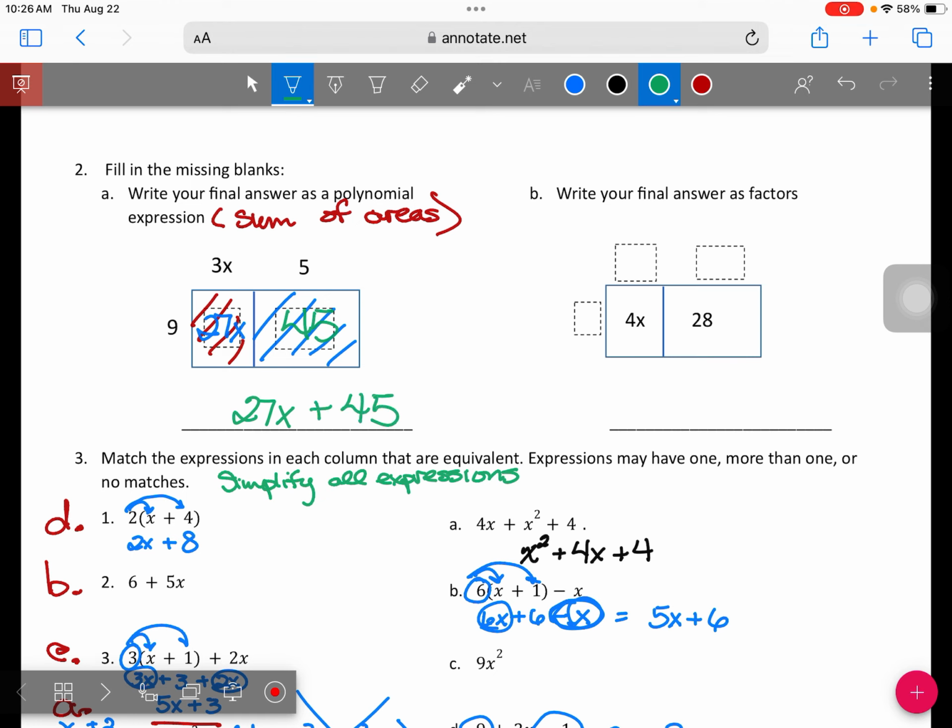And what about letter B? What's going on here? What am I actually doing here? Yes, and you're basically trying to find a GCF. Now, somebody in the last class said, well, what if I did 2 here? It's not the GCF, but it is 2. Would you take that?